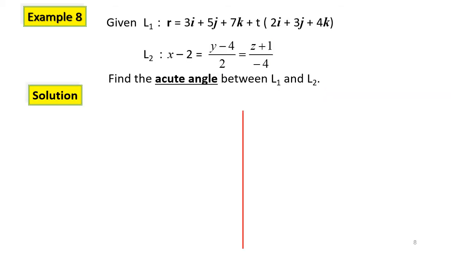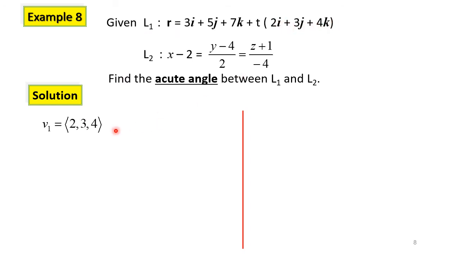Then look at example 8. Given L1, this is the equation for line L1, and this is the equation for line L2. Find the acute angle between L1 and L2. Highlight the word acute, because maybe you will get an obtuse angle in this case, so you have to find the acute angle. First, from L1 we get V1: 2, 3, 4.